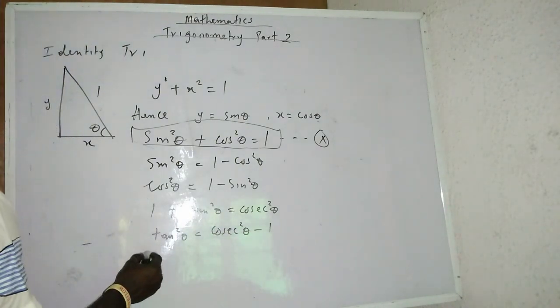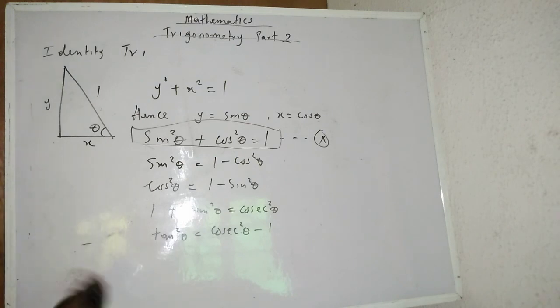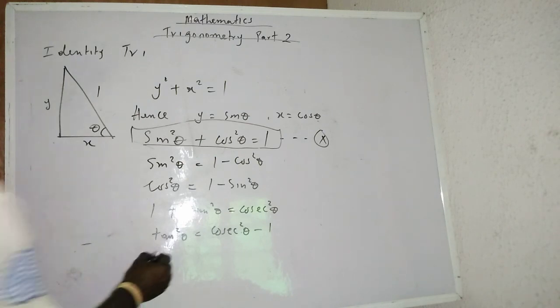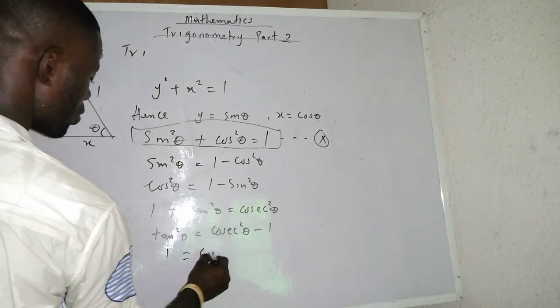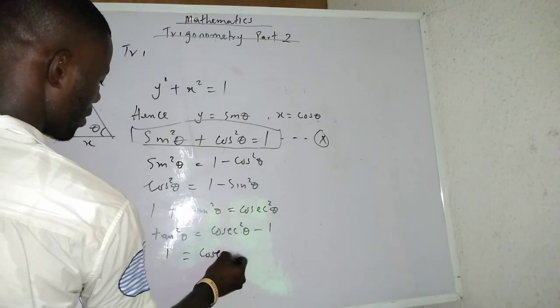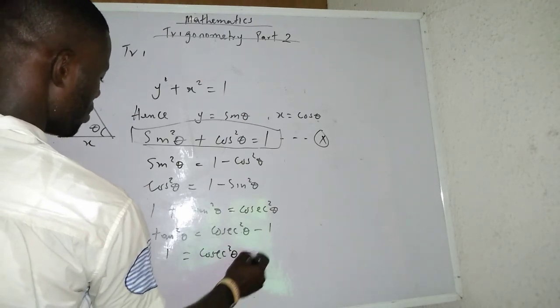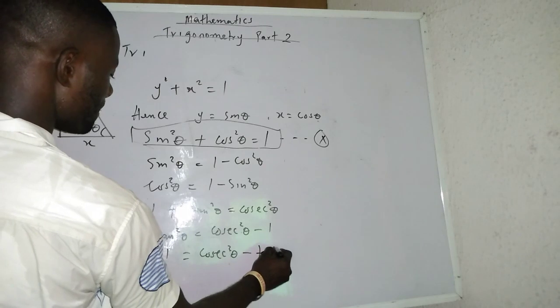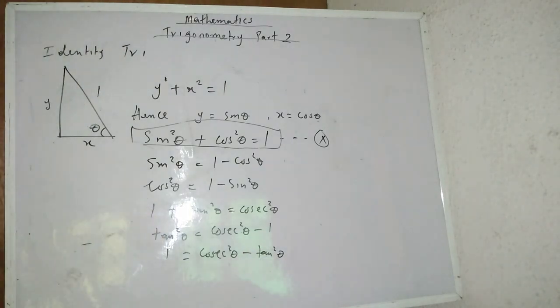And I can also say that my 1 can be equal to cosec square theta minus cot square theta, and so on and so forth. All these things are very, very important in advanced calculus, in advanced integration and differentiation. That is all about trigonometry identity.